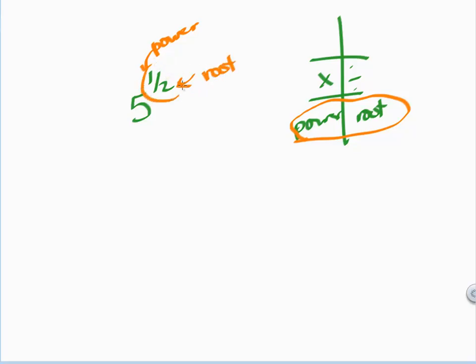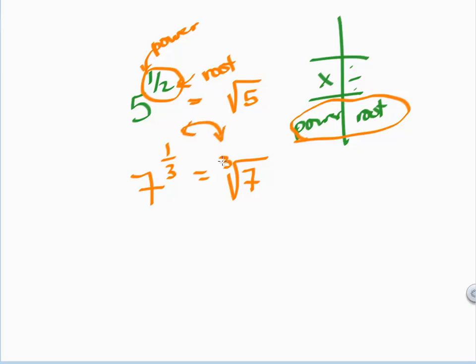So really this symbol is the same thing as that. 5 to the 1/2 is the square root of 5. Likewise, if I said 7 raised to the 1/3, that's just the same as the first power and the cubed root. So the third root of 7. So you should be able to convert back and forth between radical form and fractional form, we'll call it.